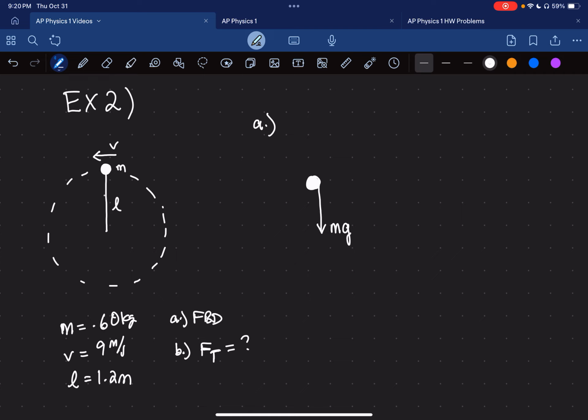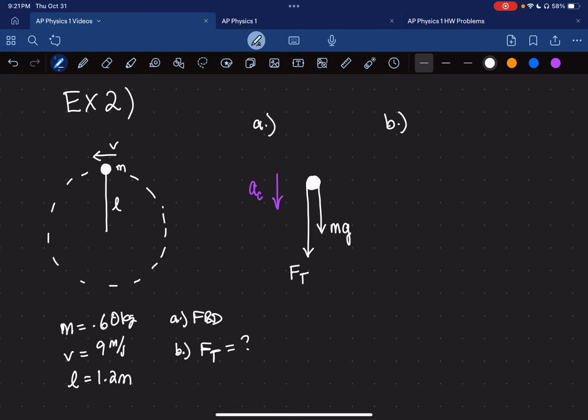Remember, a rope cannot push on the ball, it must pull, so it is pulling it down. And I will make the tension force a different length, just so we don't think that they are equal in magnitude. Cool, and this works out. There must be a centripetal acceleration pointed downwards, towards the center of that curved path. And that one's done.